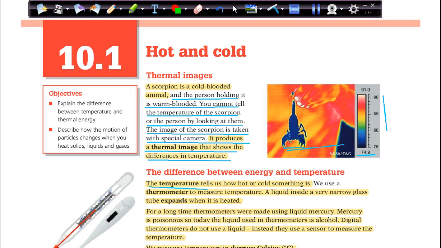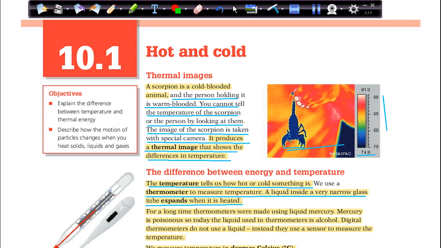The temperature tells us how hot or cold something is just by measuring it, and we use a thermometer to measure the temperature. A liquid inside a very narrow glass tube expands when it's heated. We have a very simple example in our houses, the liquid thermometer. We have it even in our lab.